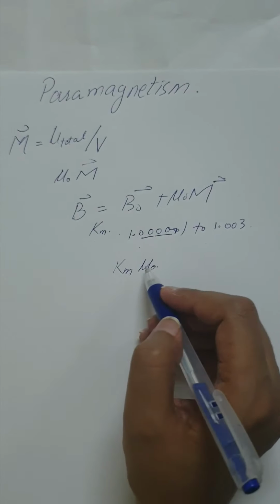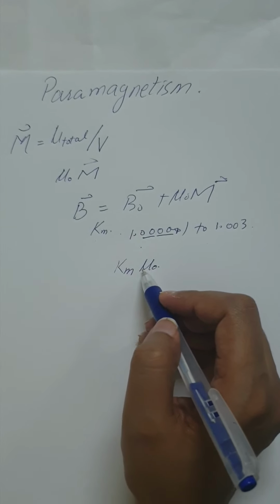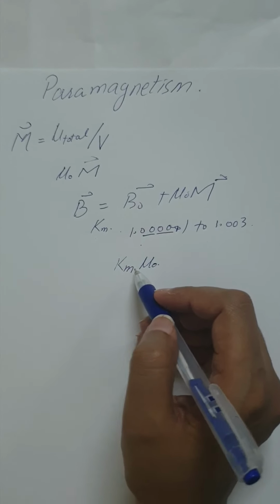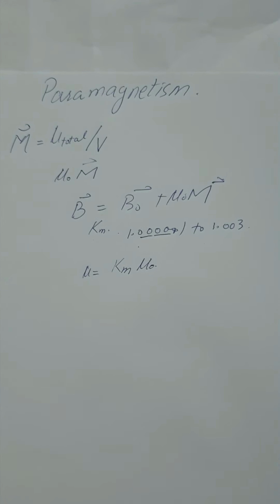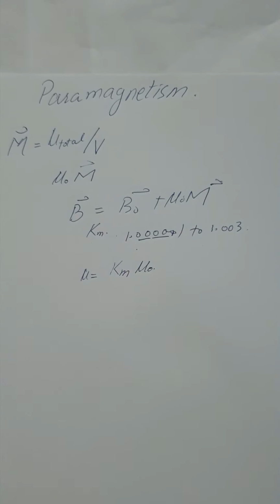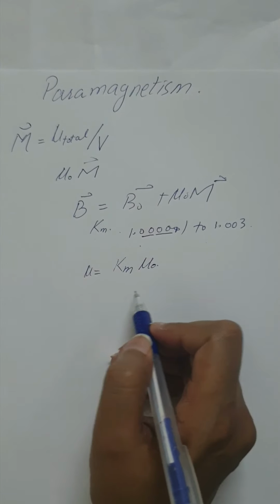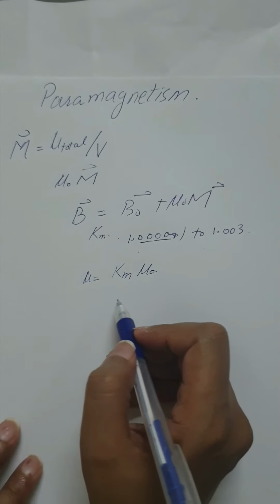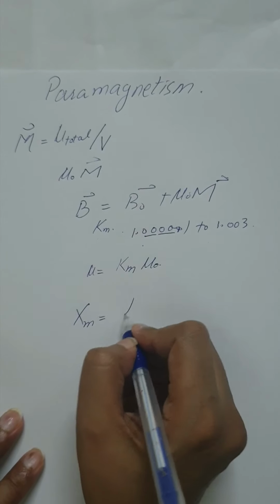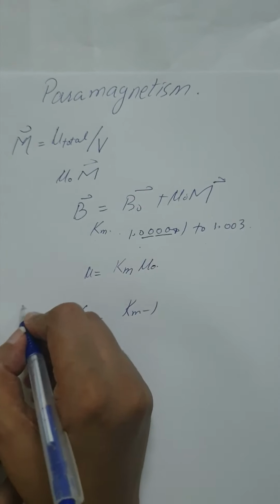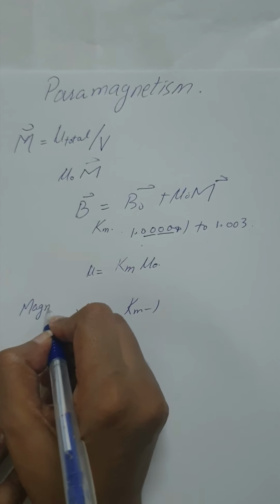This product is represented by mu. It is called the permeability of the material, and the amount by which this relative permeability differs from unity is called magnetic susceptibility, denoted by chi m, equal to Km minus 1.